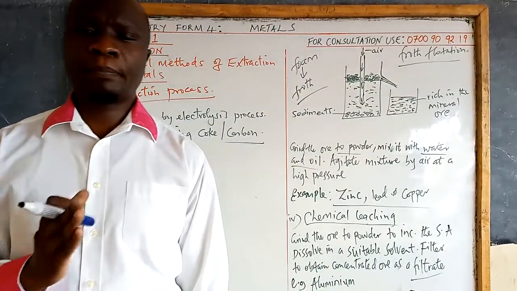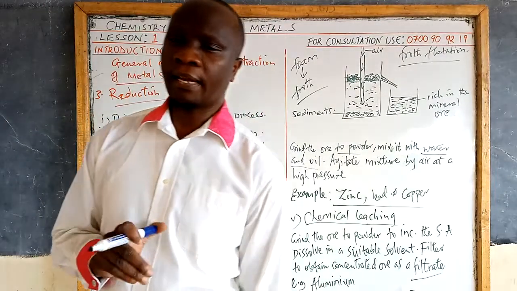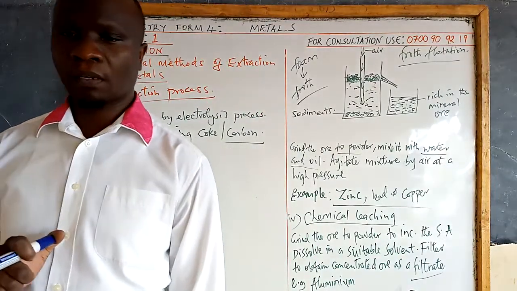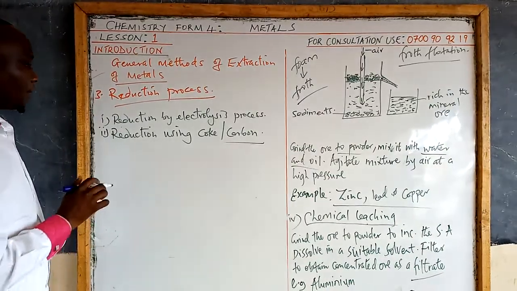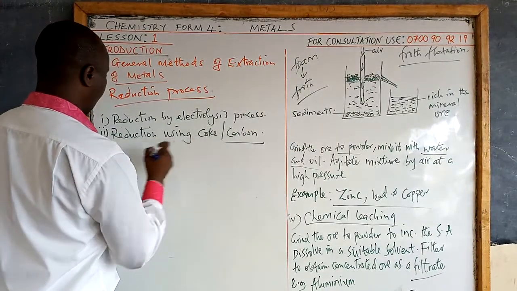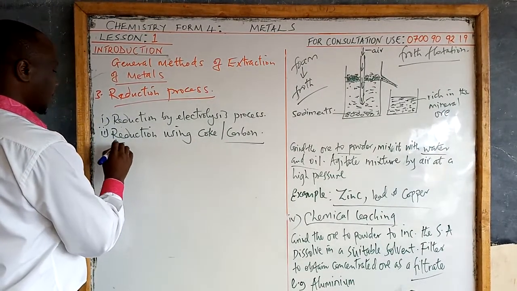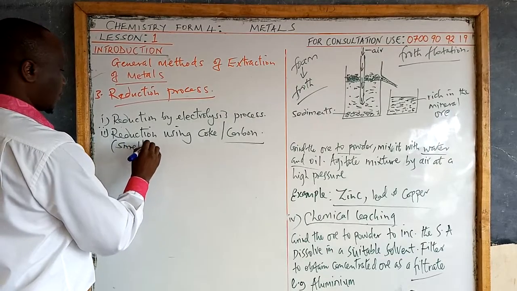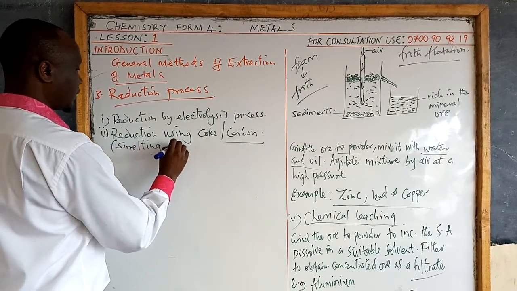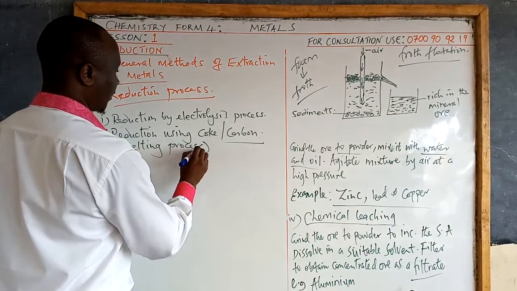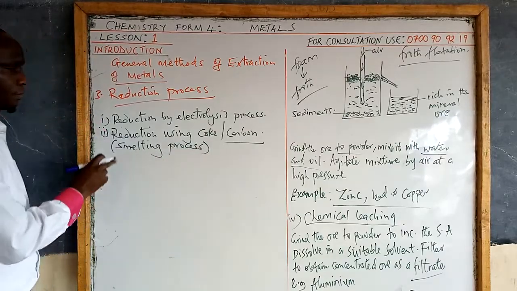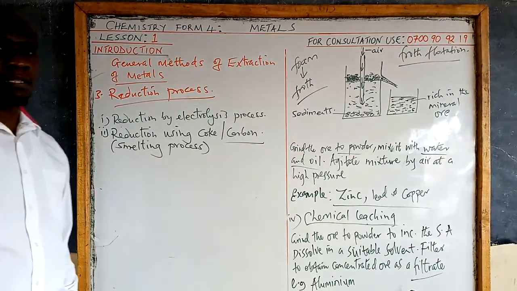It will depend on the position of the metal in the reactivity series. So, in fact, reduction using carbon is in other terms what we call the smelting process. When the metal ore is reduced by this method, we call it smelting.